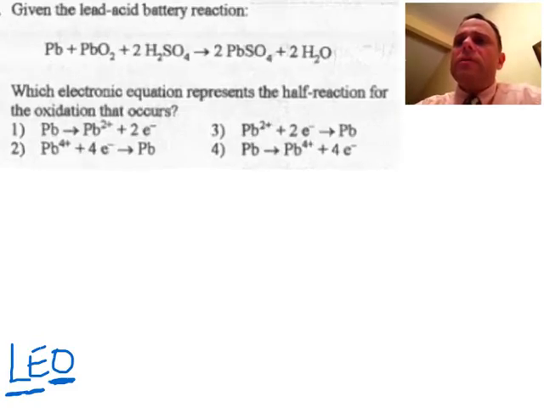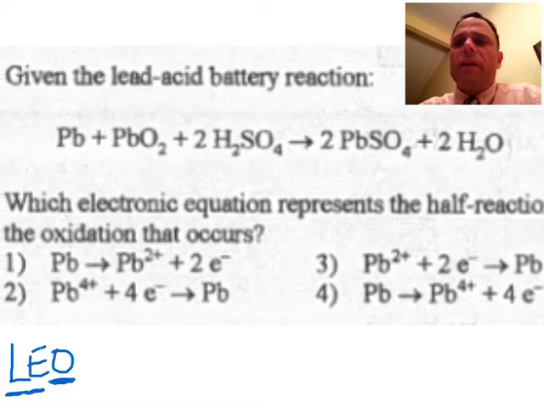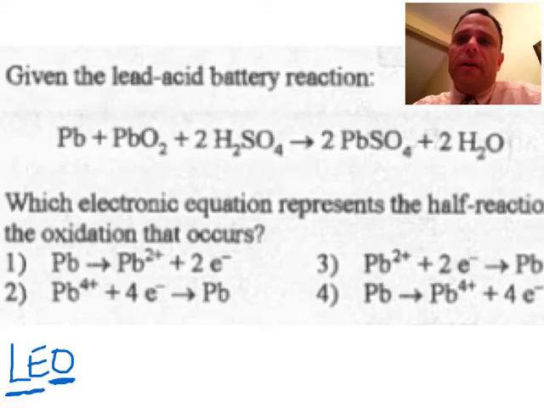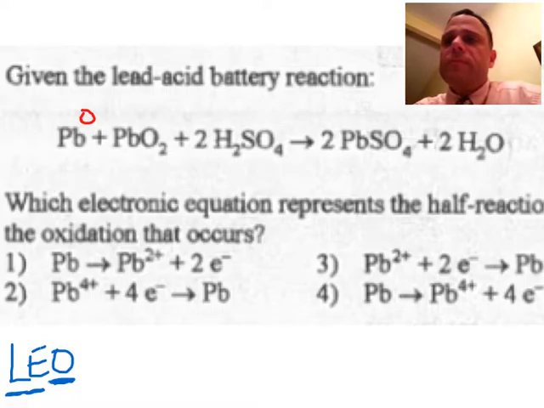Now, let's enlarge this some so we can assign the oxidation numbers, because this one gets a little bit complex. The oxidation number for lead here is 0. The oxidation number for oxygen is -2, but we have 2 of them, so that would be a -4 total.